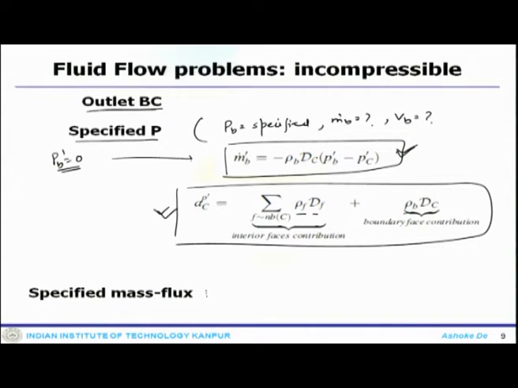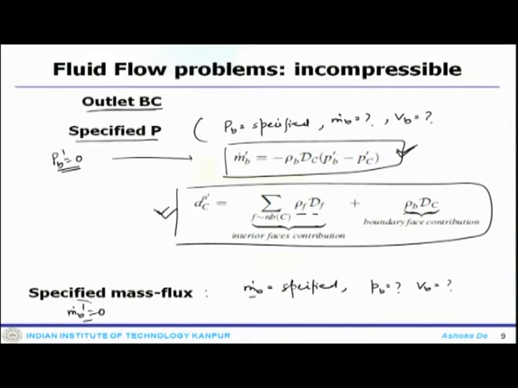Now, alternatively for the outlet case, it could be a specified mass flow rate where m dot f is specified and Pb is not known, Vb is not known. Since m dot b is specified, then m dot b prime would be 0, I mean corrections are not required, and we simply drop the pressure correction equation with no modification required for the coefficients of the boundary element.